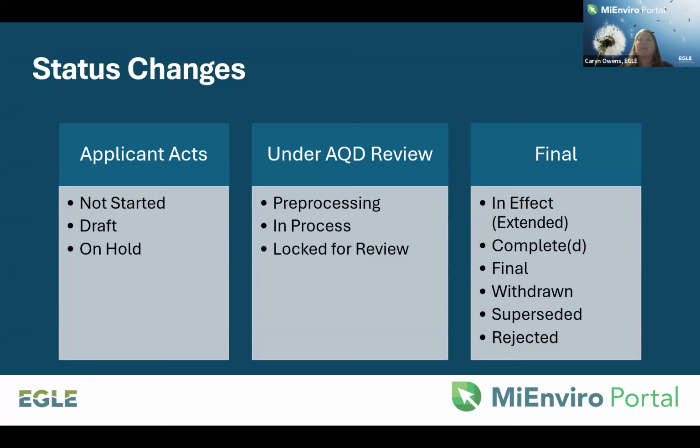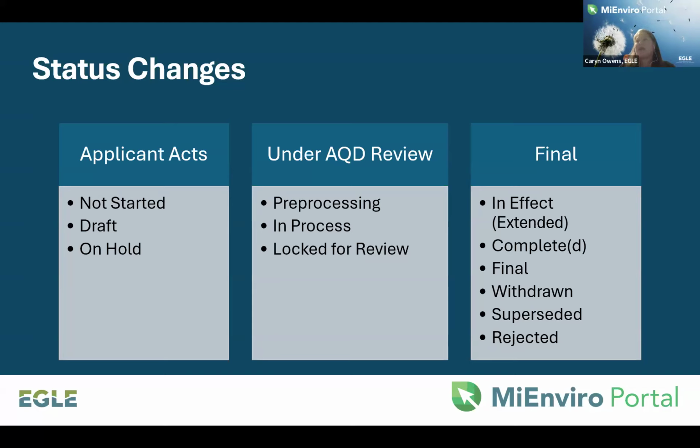So sometimes you will see pre-processing, but it will quickly switch to in-process. And then locked for review: the AQD will lock it for review while we're looking at the submission, so that when it's locked for review, the applicant will not be able to make any changes or revisions.